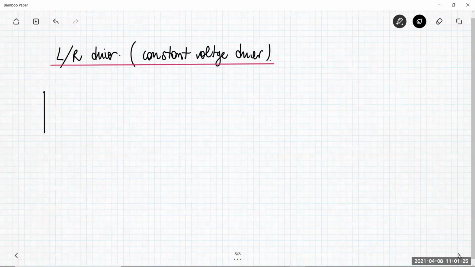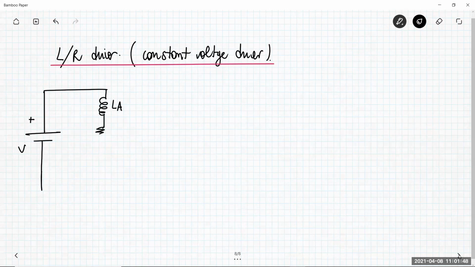So suppose that I have here the voltage V. I have my winding, and let's suppose that my winding is for the phase A. So let me call this LA. The winding is described by the model, which is composed by the inductance of the winding, LA, and the losses of the winding, RA.